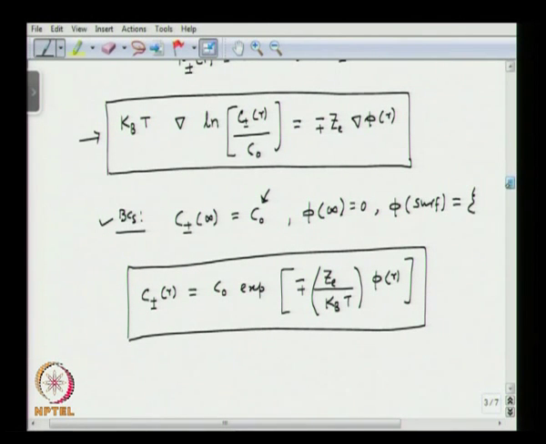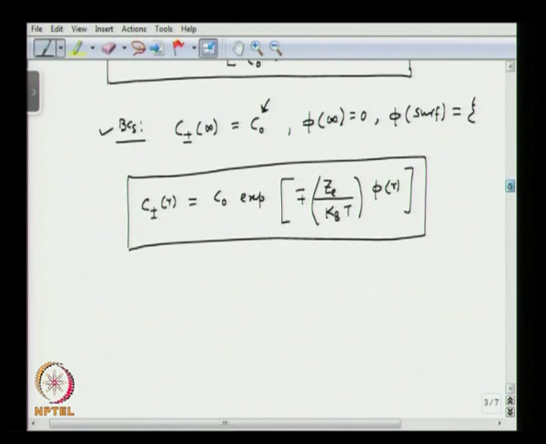If you know the distribution of the negative and positive ions, you can calculate the electrical charge density as Jd into C plus r minus C minus r.